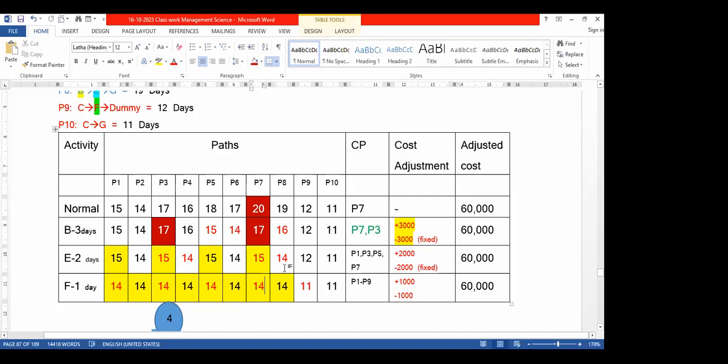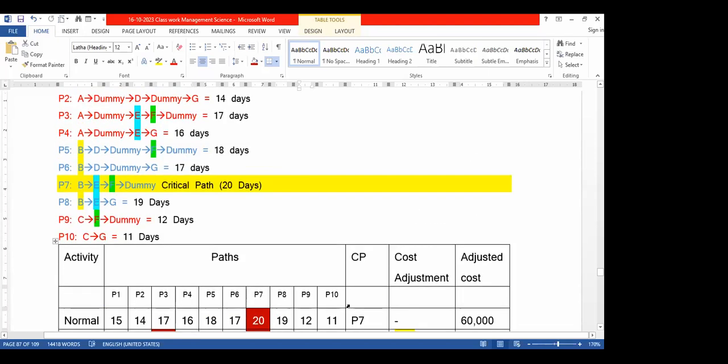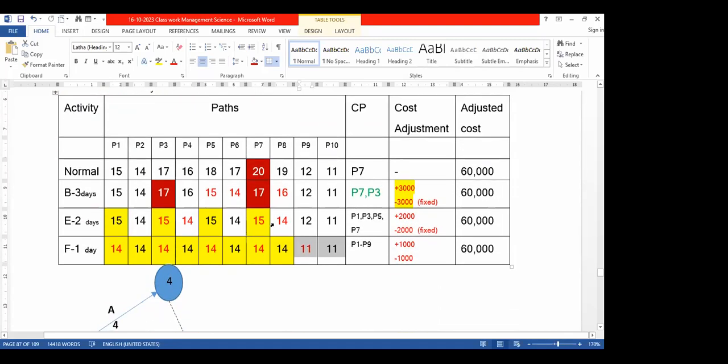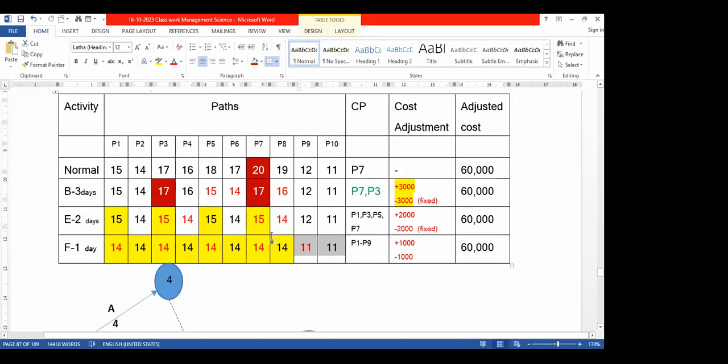Here also, 12 minus 1, 11, there's no change here. Okay. So if you draw these activities properly, you can see the changes here also. Right?